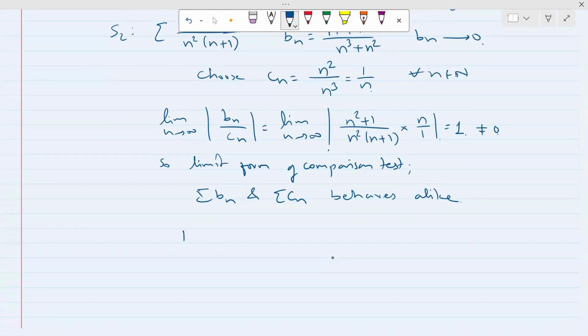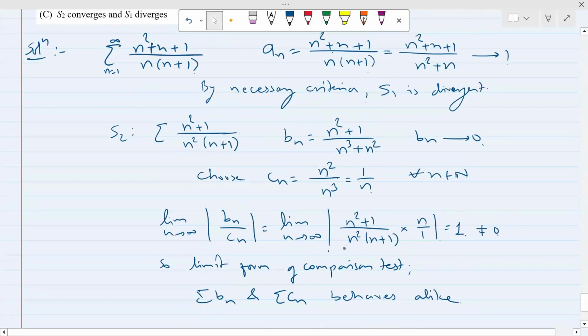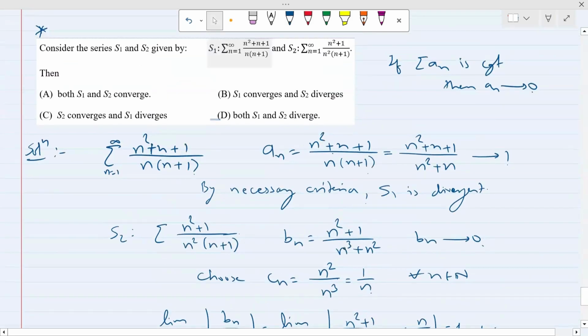But sir, what do we know about summation cn? Divergent. Yes, very good. It's divergent, being a harmonic series. So summation bn also diverges. So both will diverge. So which option is correct? Option D. Yeah, very good.